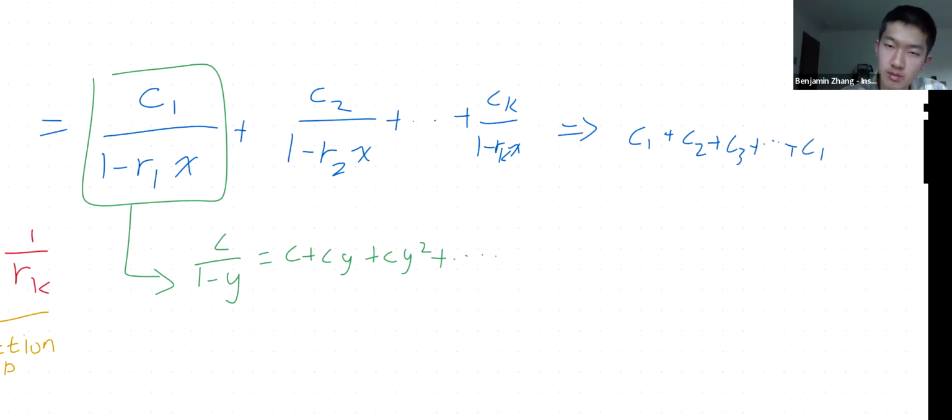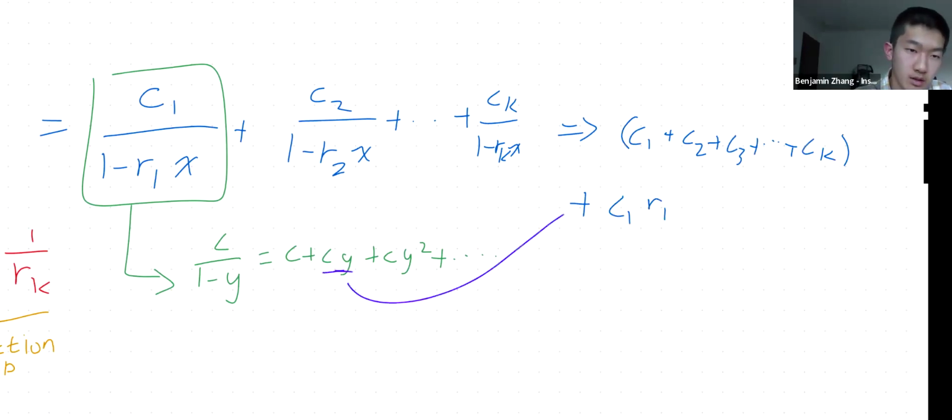This is the first term, and then plus the next term we have is C1 R1 plus C2 R2 plus dot dot dot plus CK RK, because they should be the respective ones.